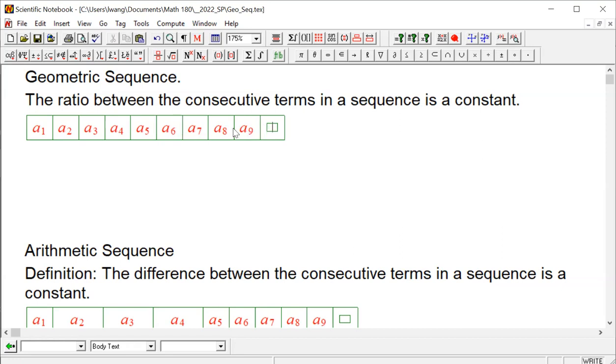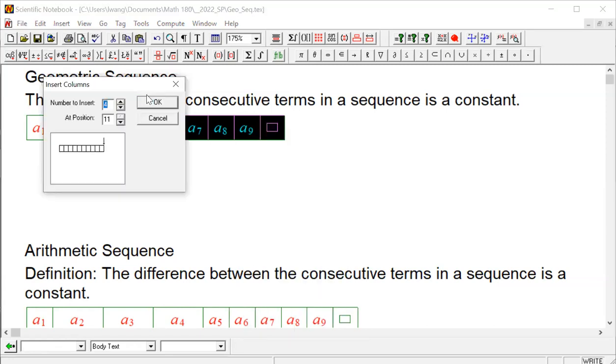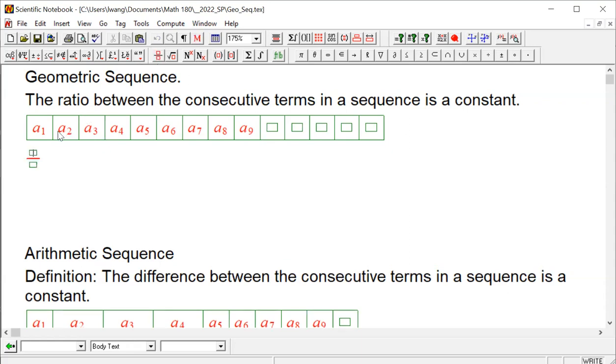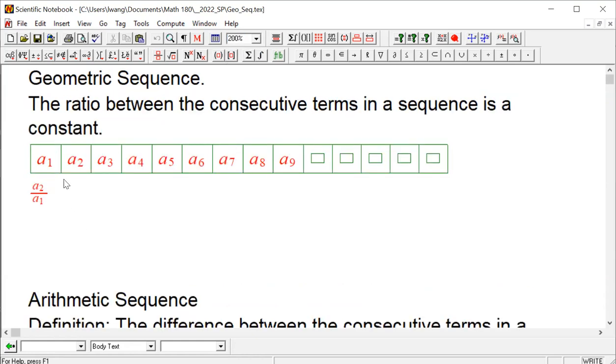The feature it has is that the ratio between consecutive terms in the sequence is a constant, meaning that if I take a sub 2 over a sub 1, it's going to be a constant ratio. So I'm calling that r.